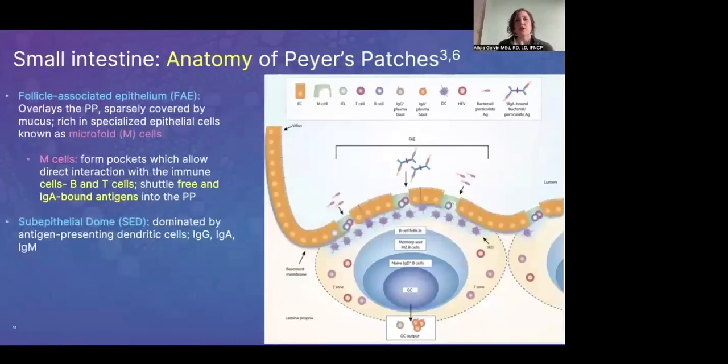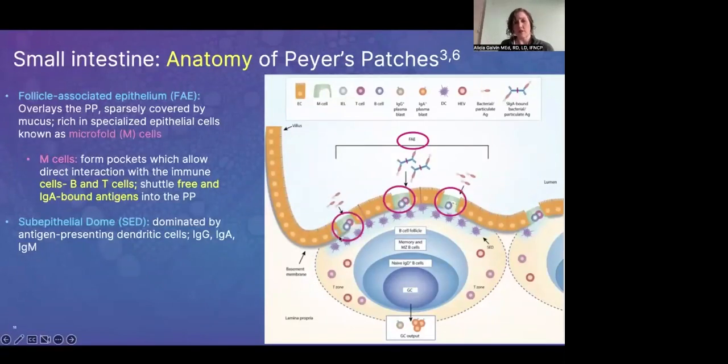So let's talk about the anatomy. Let's just break down the anatomy. There's a very special section of the epithelium. It's still part of the intestinal epithelium that we've been talking about this whole time, but there's a very special section right on top of wherever these Peyer's patches are. And it is where you have these M cells.